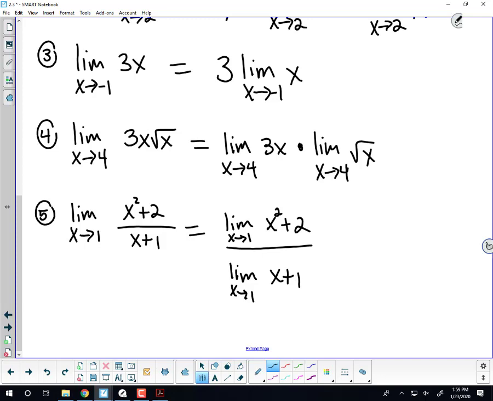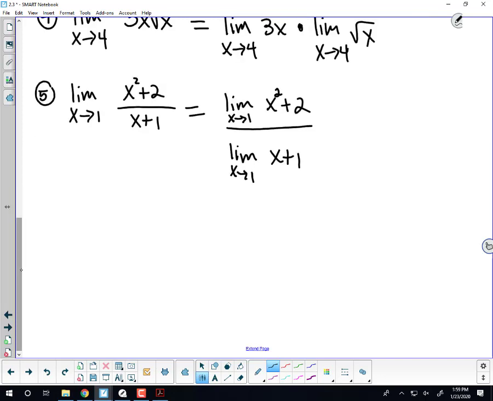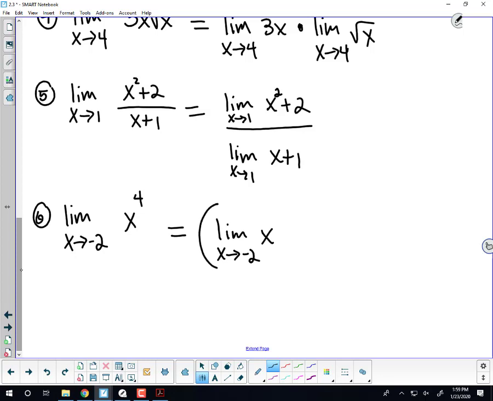Okay, the power rule, I think, is next. The power rule just says you can pass the limit through a power of x. So if it's the limit as x approaches -2 of x to the 4th, I can compute the limit as x approaches -2 of just the function x, and then raise all of that to the 4th power.